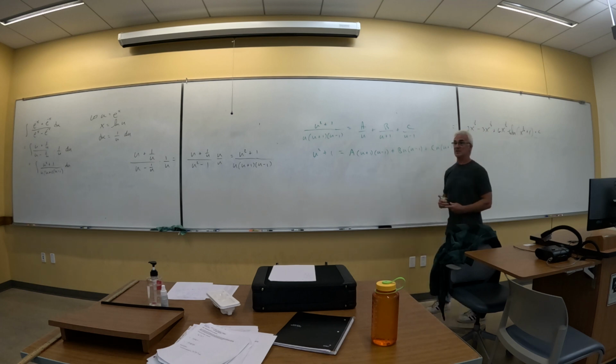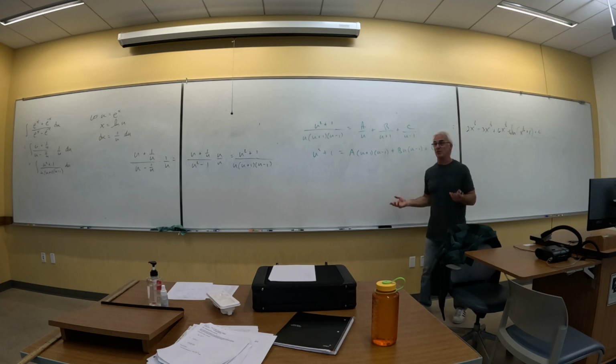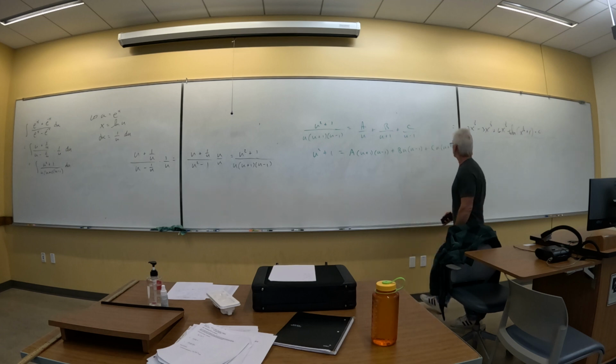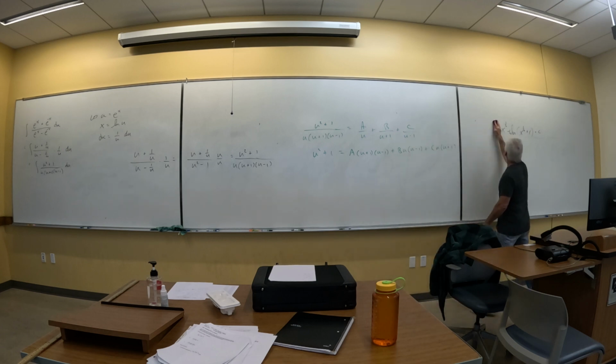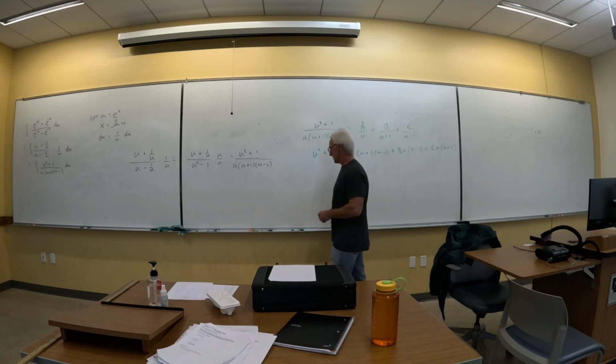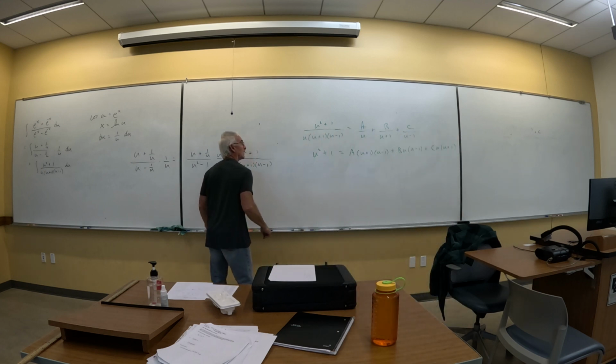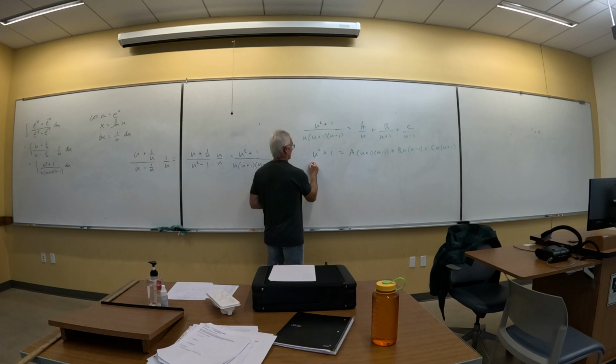Now what I like about this is it doesn't matter how many factors I have, they're all linear. So this is the one where we can pick off three numbers and just wipe out the coefficients fairly simply. So what three values are we going to choose? How about 0, -1, and 1?